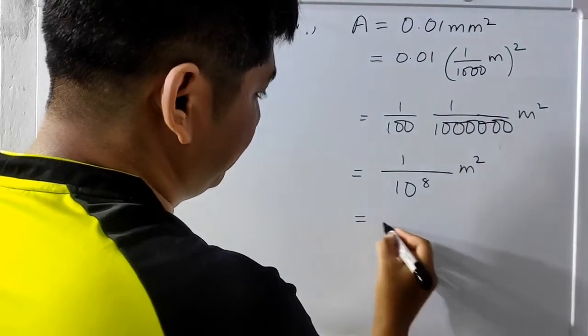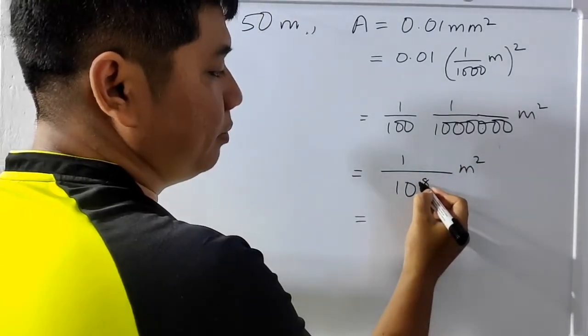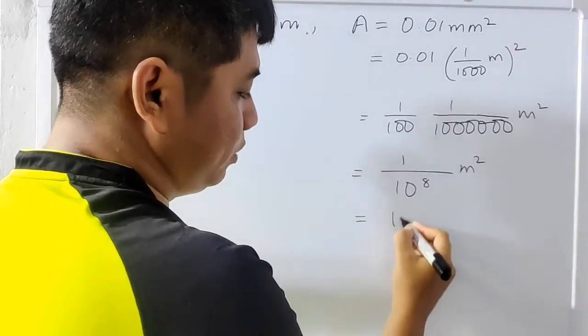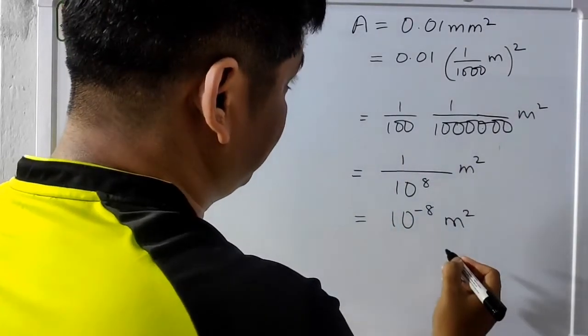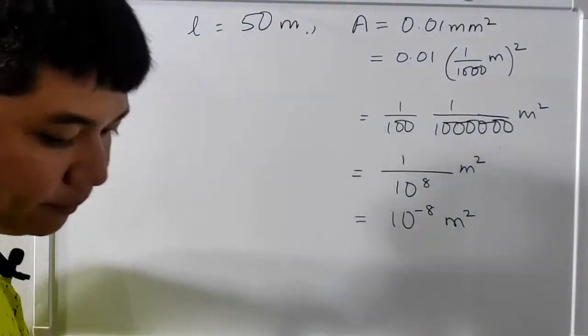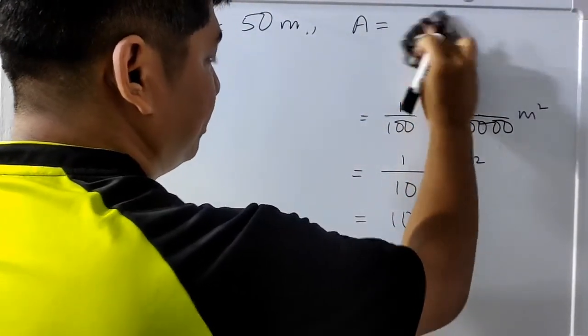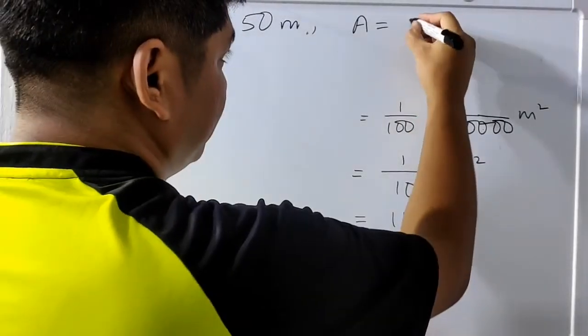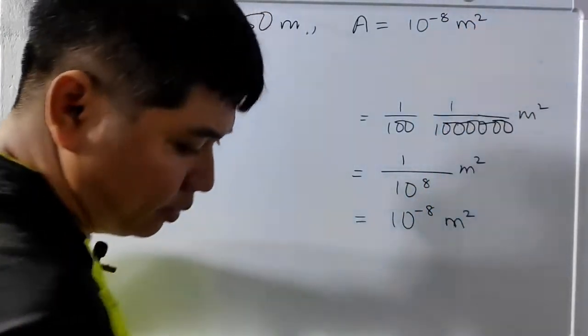Or we can write, if we take it up, 8 becomes minus 8, so it will be 10 power minus 8 meters square. And that is the area.